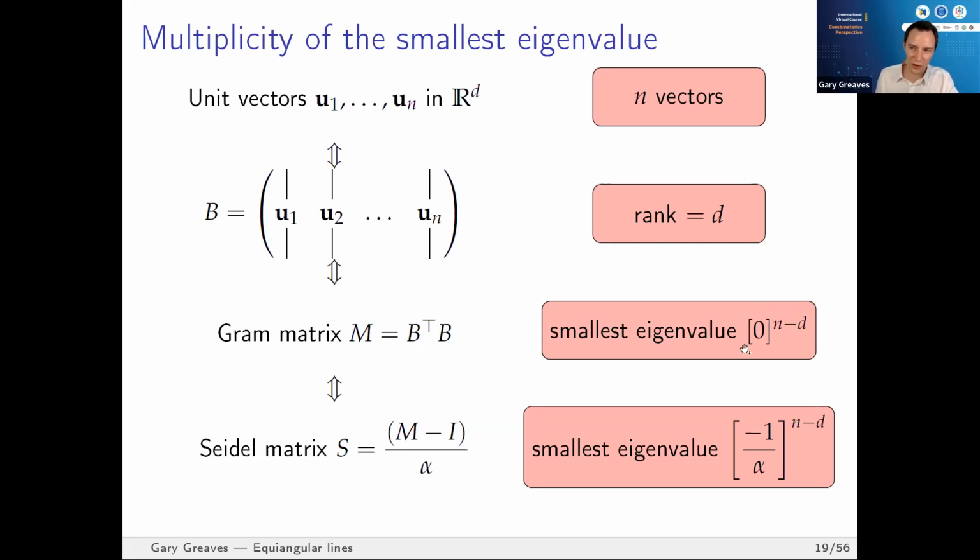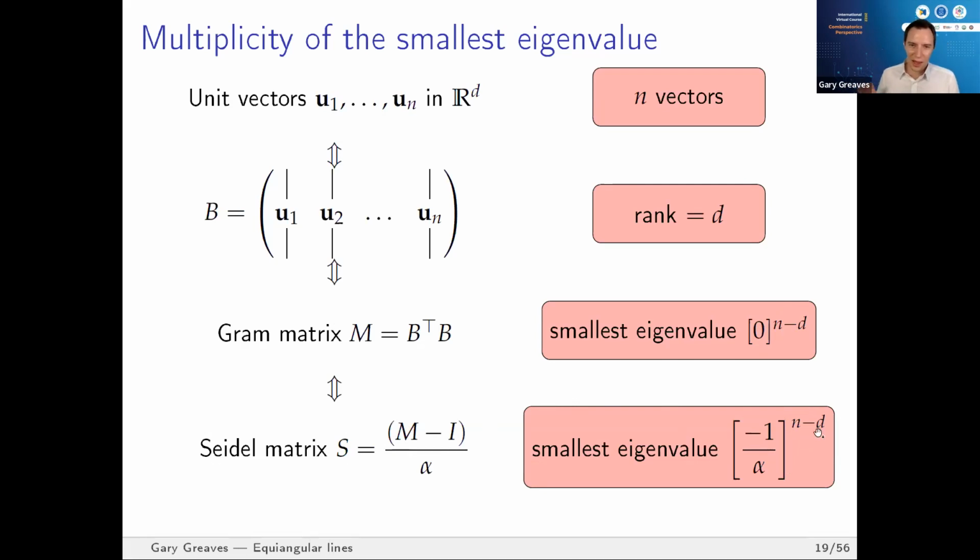This is the nullity of the matrix. Now when we do our shift to get a Seidel matrix, we subtract I and divide by alpha. The smallest eigenvalue gets subtracted by 1, so we get 0 minus 1 and then divide by alpha. And so the smallest eigenvalue of the Seidel matrix will be minus 1 over alpha with the same multiplicity, n minus d.